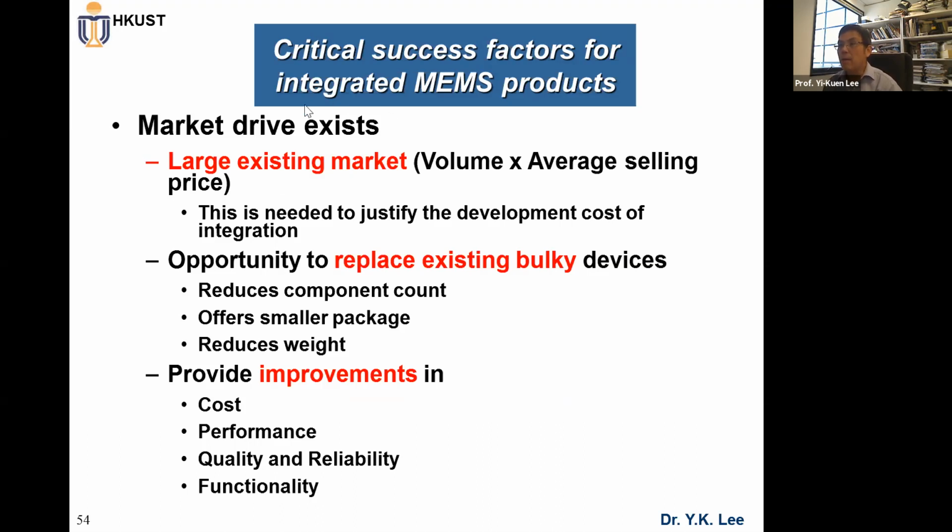Another thing is how you can come up with a good design to replace existing bulky devices. You need to make sure your design has improvement in cost, performance, quality, and reliability, and then you have a chance to make a really good MEMS sensor.